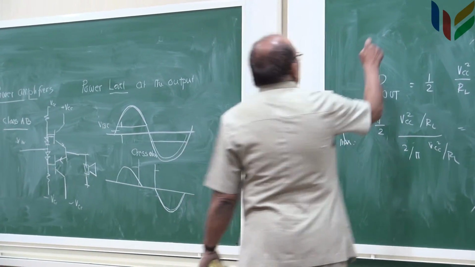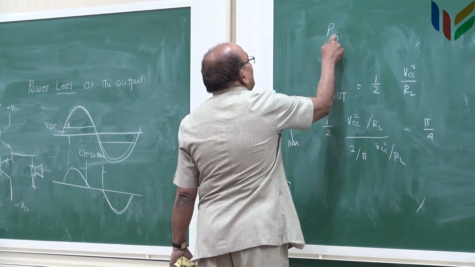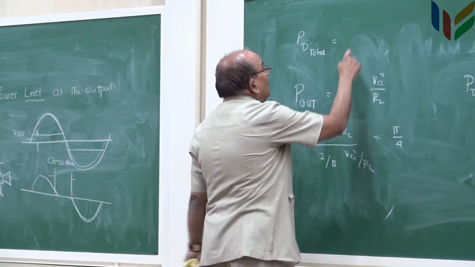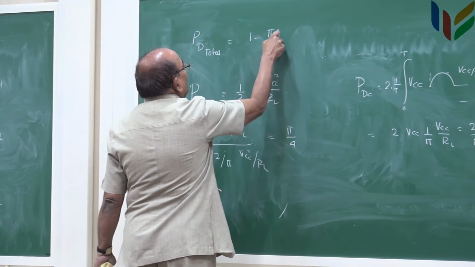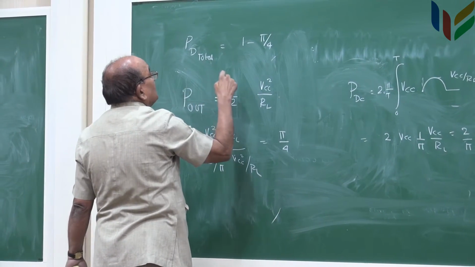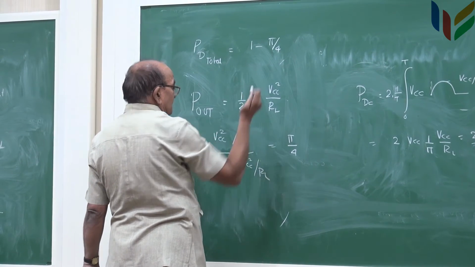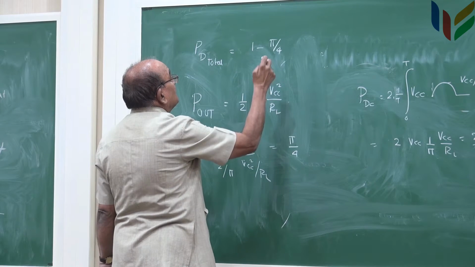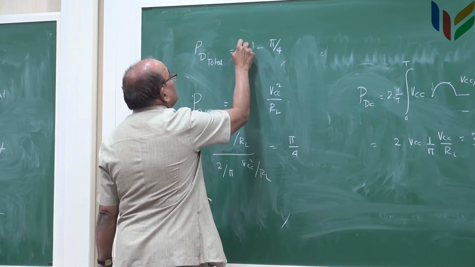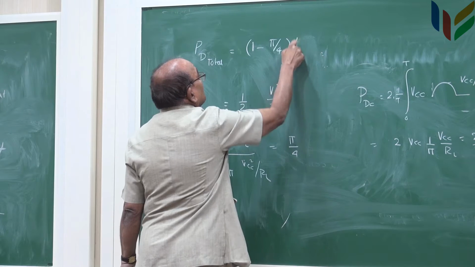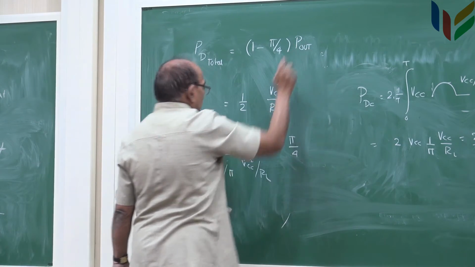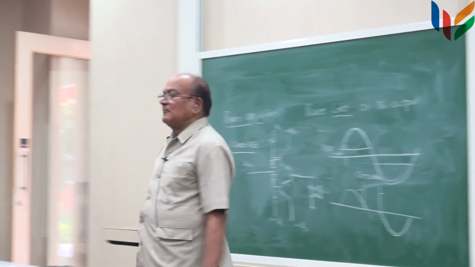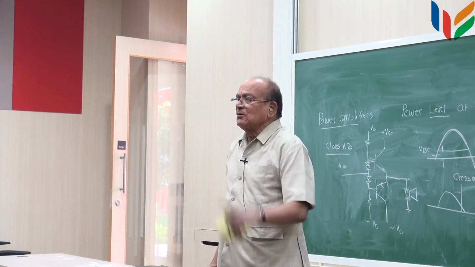So, PD, the total dissipation in the two transistors, is equal to 1 minus pi by 4 times PDC.